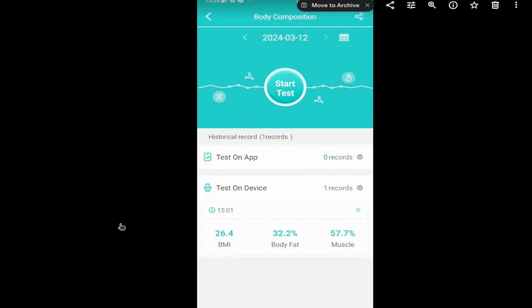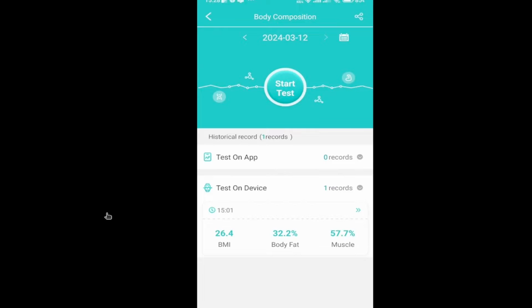So first we're looking at the body composition data, and that is something you can obtain from a smart scale or even from one of those gym devices that could be for running.